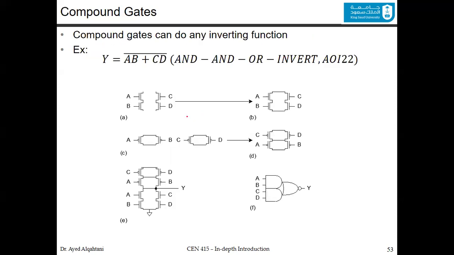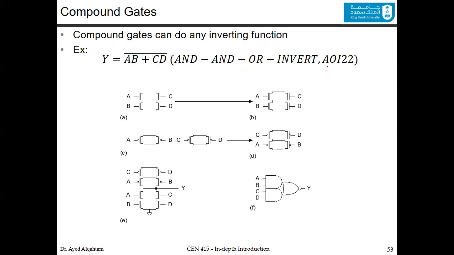Here's more examples, and this is what we call a compound gate. If you have this function as an example, Y is equal to (A ANDed with B, or C ANDed with D) all bar. This is also called an AND-OR-Inverter because you have an AND, another AND, and then you follow this with an OR, and then the inverter.